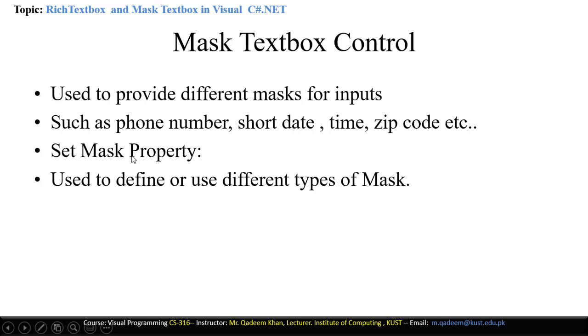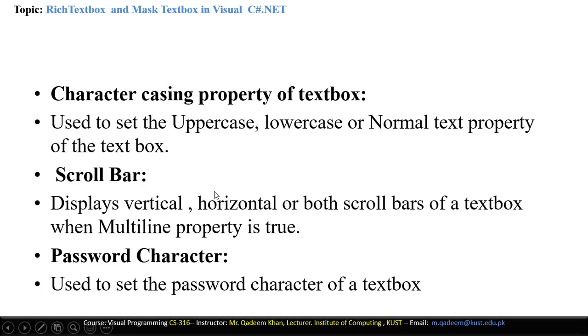So we need to define the mask property here, and it is used to define the different types of masks. The mask includes characters, which are certain different characters, including uppercase characters, lowercase, or normal text characters.